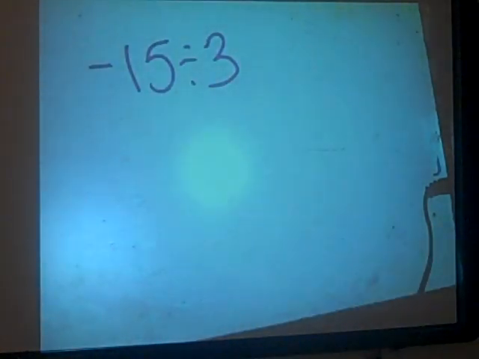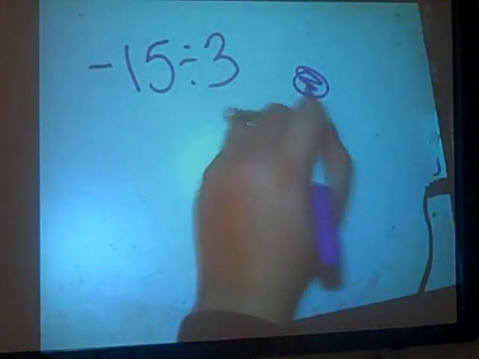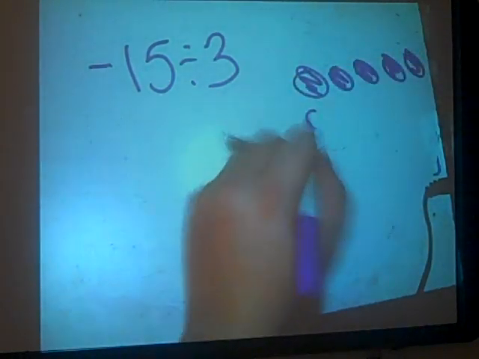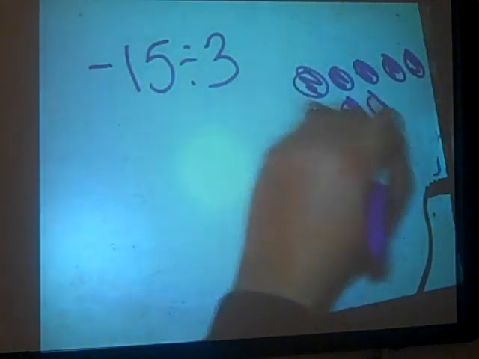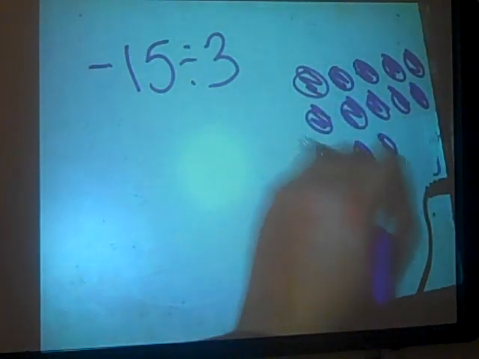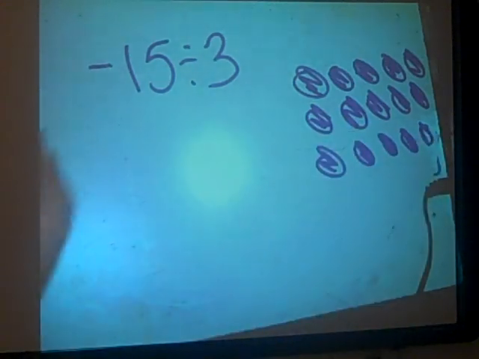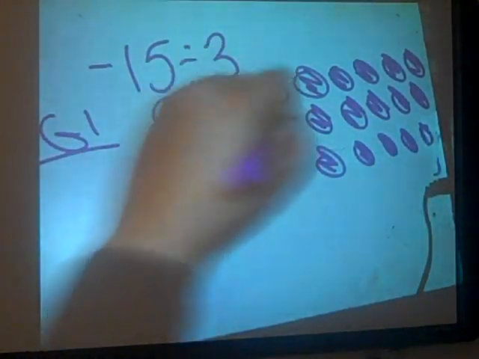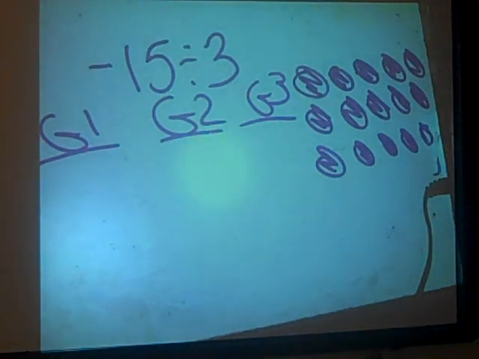Our last example that we had was negative 15 divided by 3. So I should see 15 shaded in circles off to the side. And I should see G1, I should see G2, and I should see G3, and you start equally sharing.